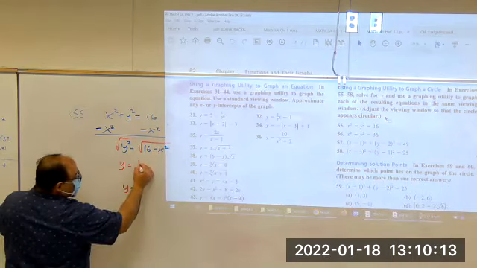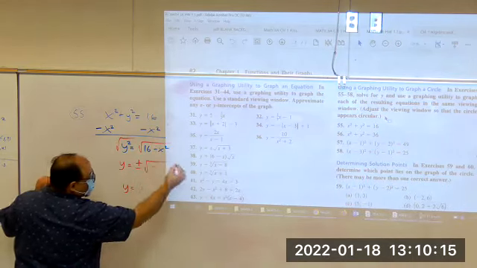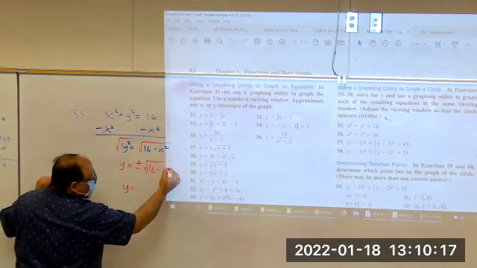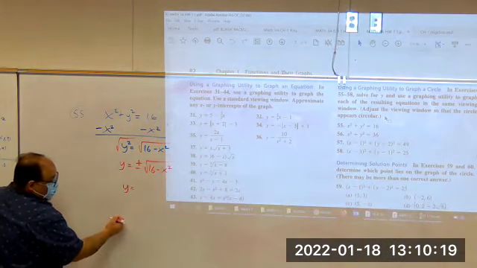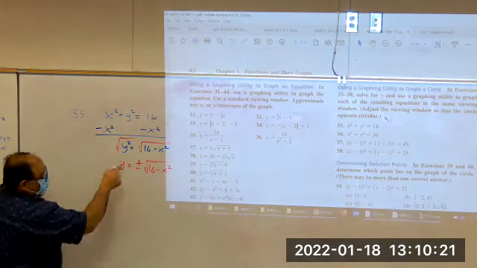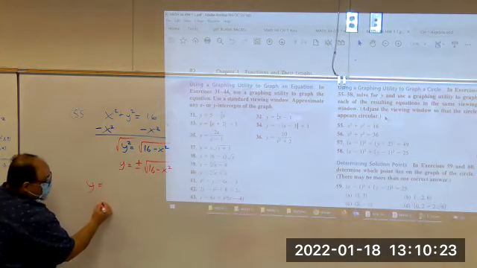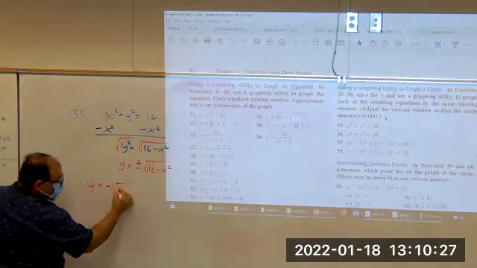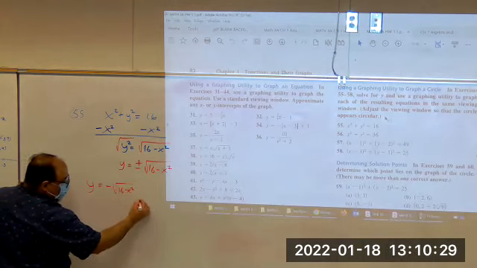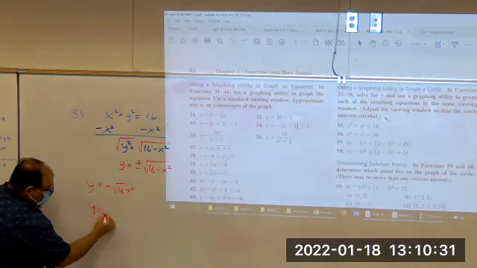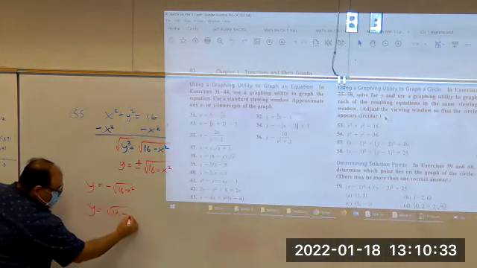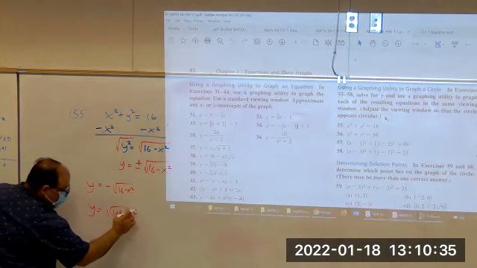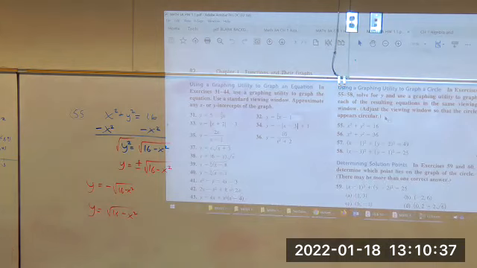So we get plus or minus the square root of 16 minus x squared. That means for this y value, we have two separate equations: a negative square root of 16 minus x squared, and a positive square root of 16 minus x squared.